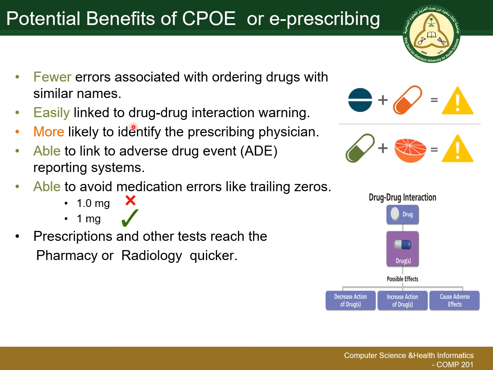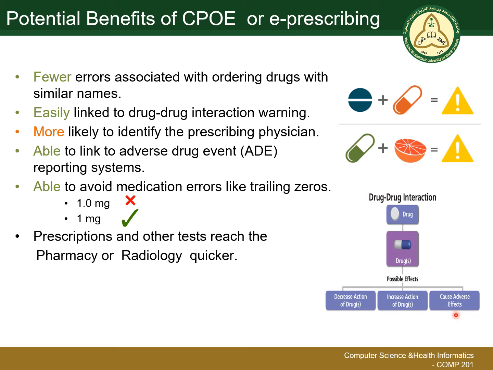Easily linked to drug interaction warnings. Some drugs will interact with another drug or with other substances like food or herbs. For example, the drug interaction will have three possible effects. It can increase the action of the drug or decrease the action of the drug, and sometimes it causes adverse effects.